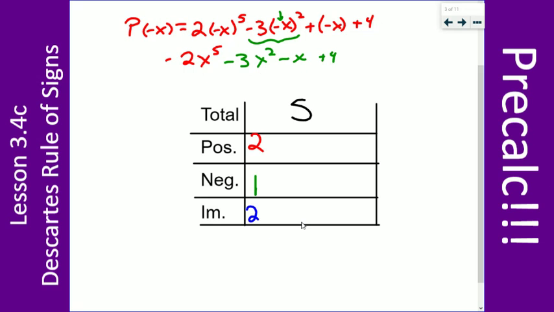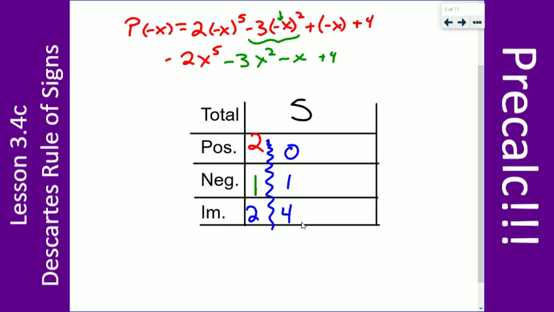So then our last step is we want to subtract 2 from the number of positive real roots and add it to the imaginaries to get all of our different solution outcomes. So this is one possible outcome where we have 2 positive, 1 negative, and 2 imaginary roots. But we could also take both of these positives away and end up with 0 positives, 1 negative, and 4 imaginary roots.